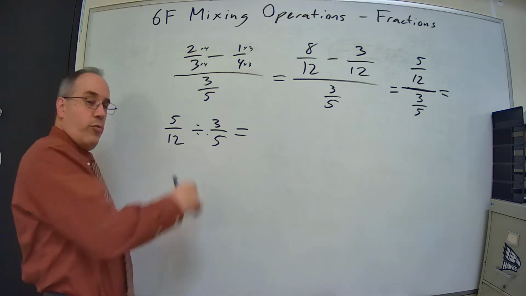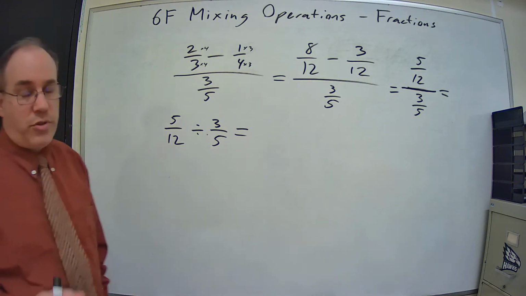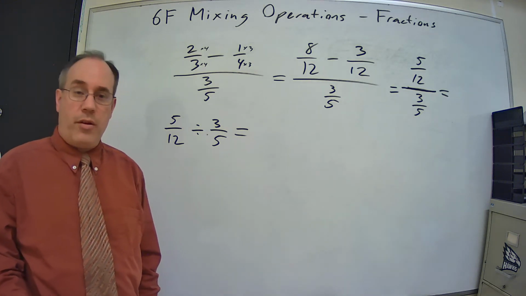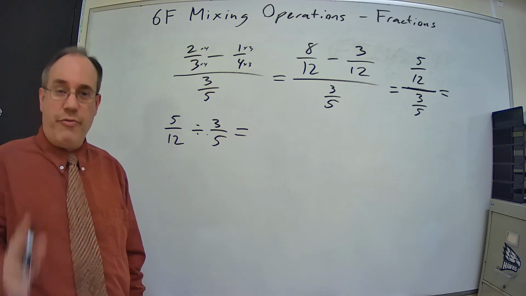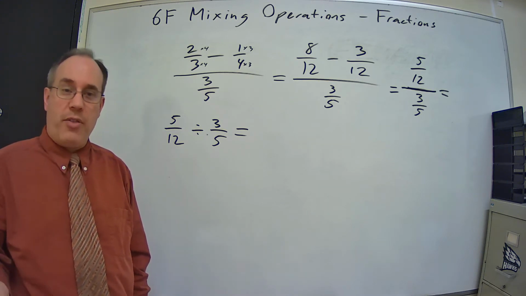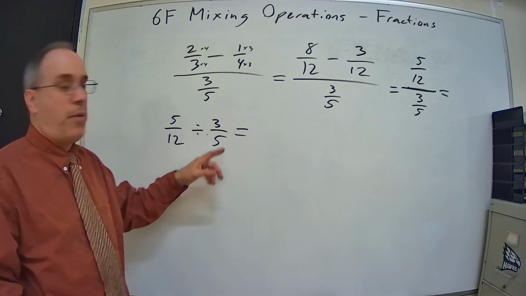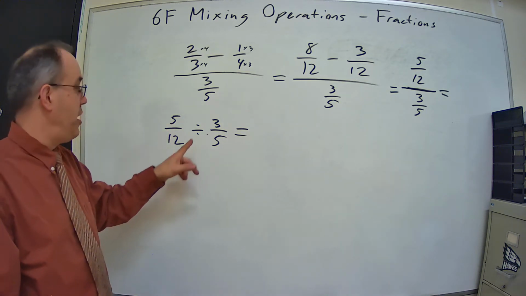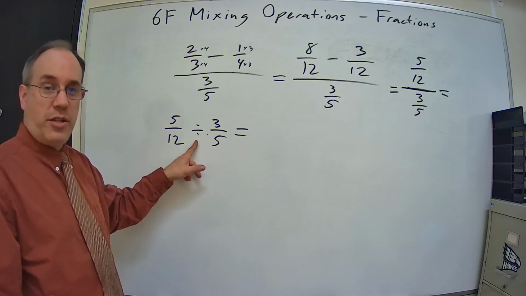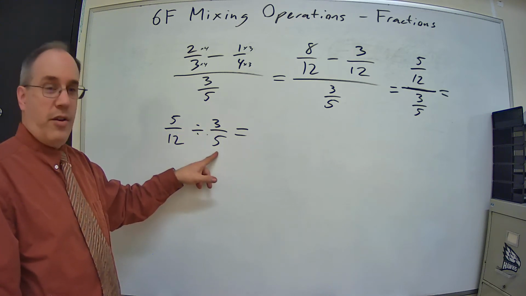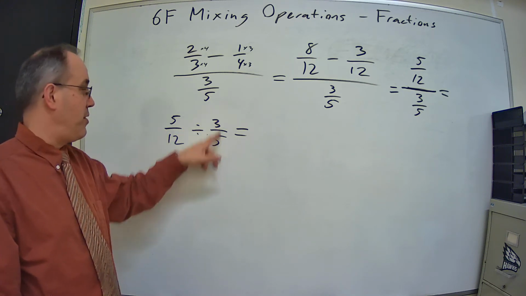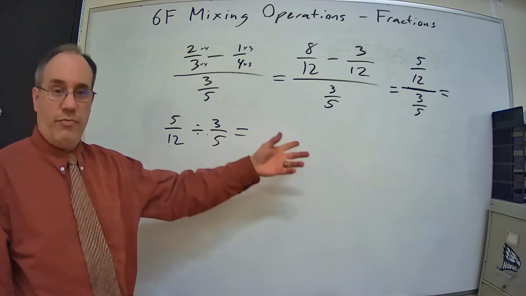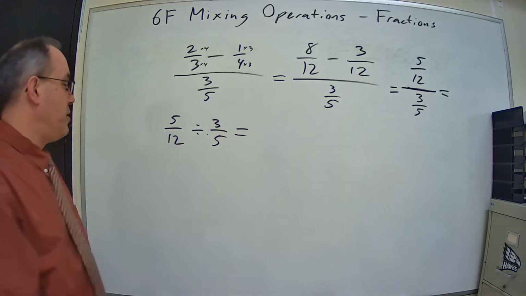Now remember, when we're dividing fractions, first of all, we don't need a common denominator, but secondly, we don't divide fractions, we multiply by the reciprocal. Remember, keep it, change it, flip it, or keep the first fraction as it is, change division to multiplication, flip or take the reciprocal of the second fraction, and then solve, do your multiplication.